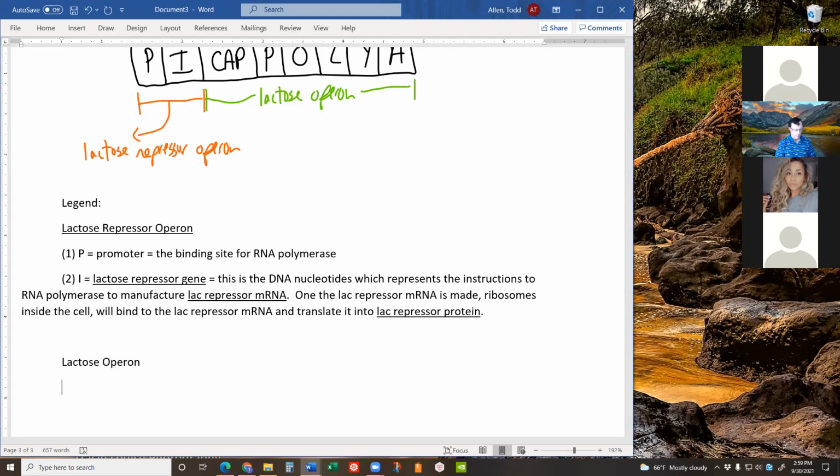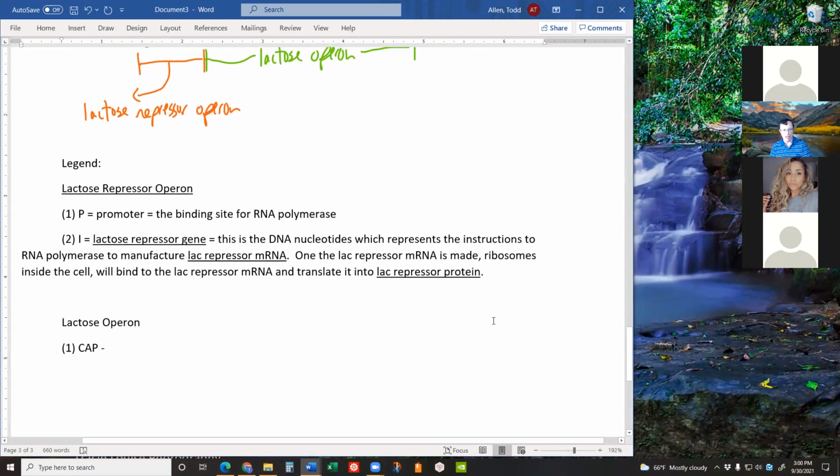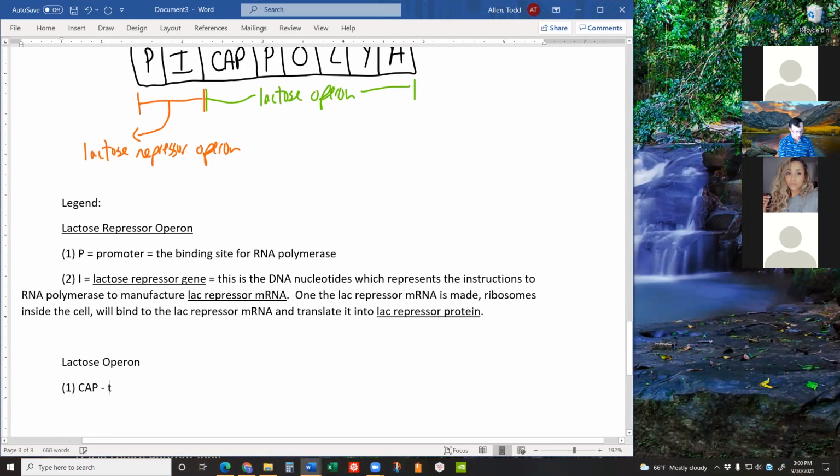Okay, first we have this cap thing. The cap thing is actually part of the promoter. It is a sequence that is a subregion of the promoter.